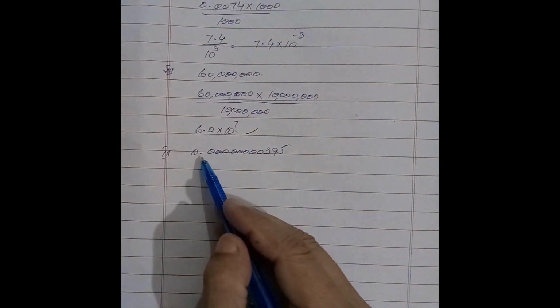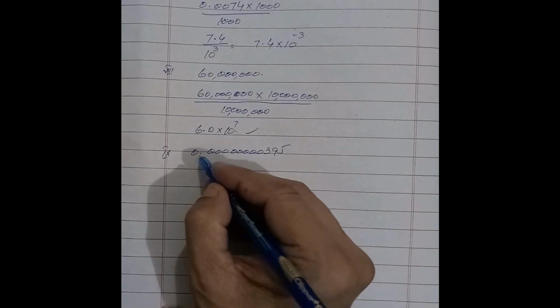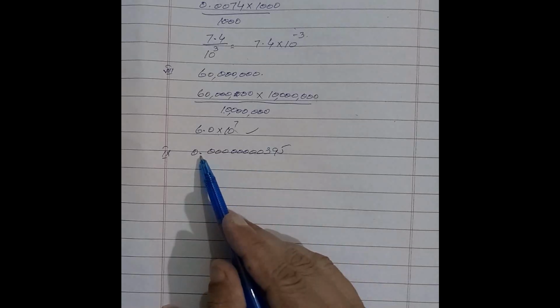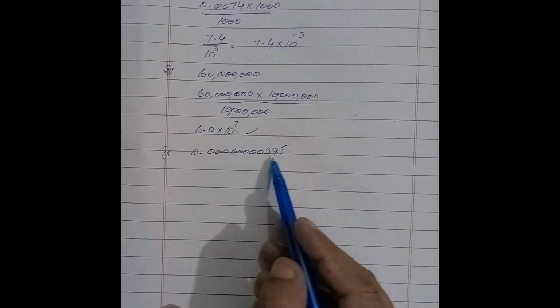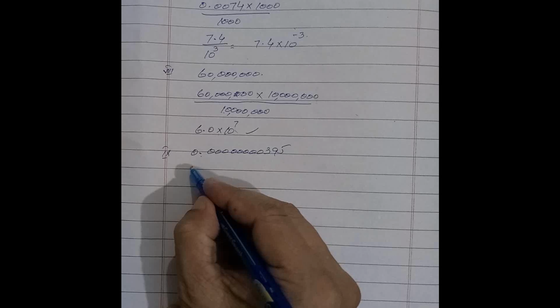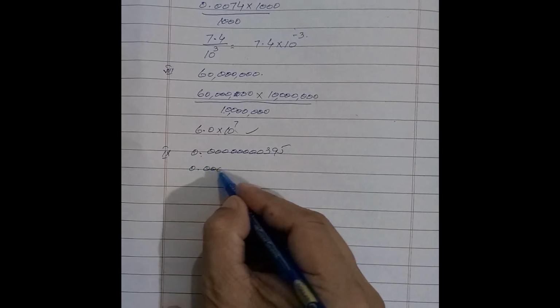Here the decimal is shifted on the right side 9 points, 9 numbers. So we multiply it by 100 million.